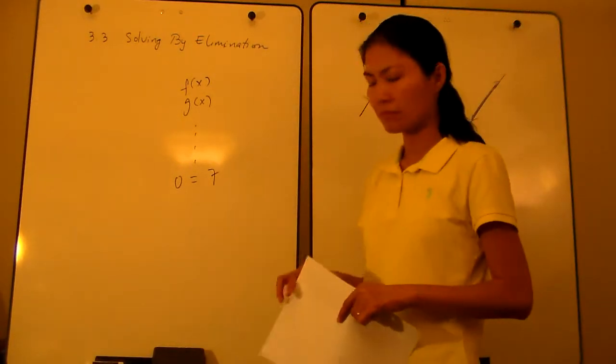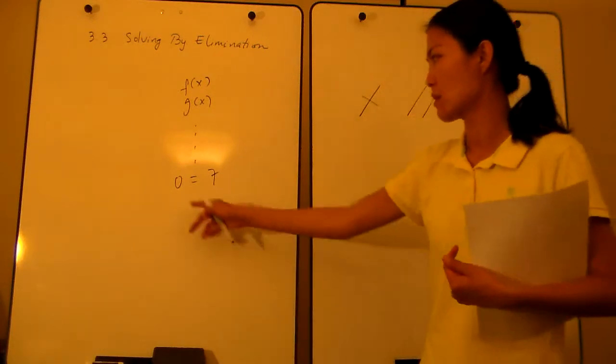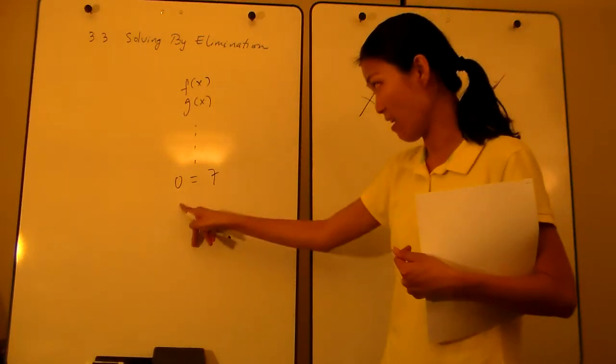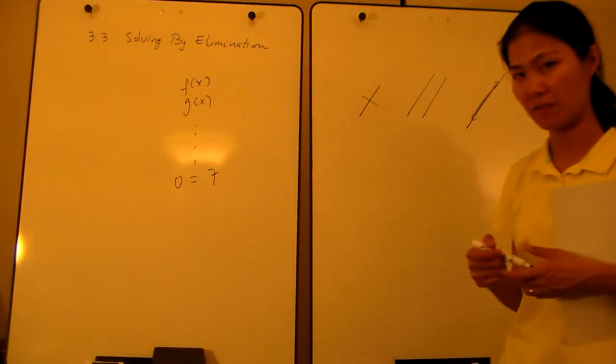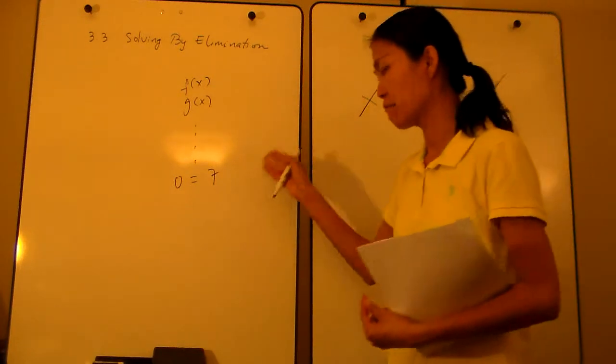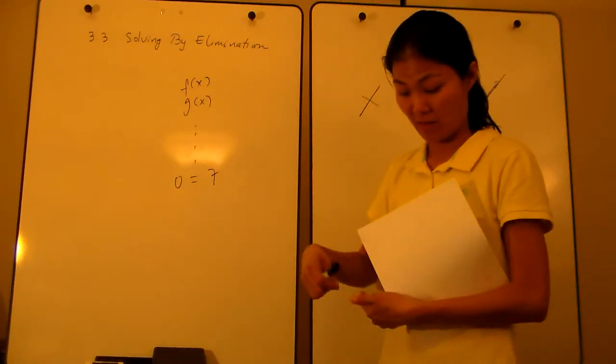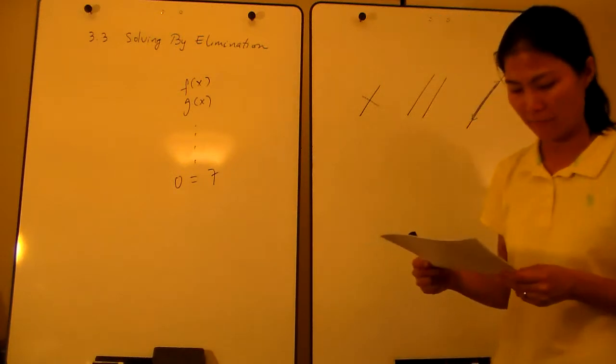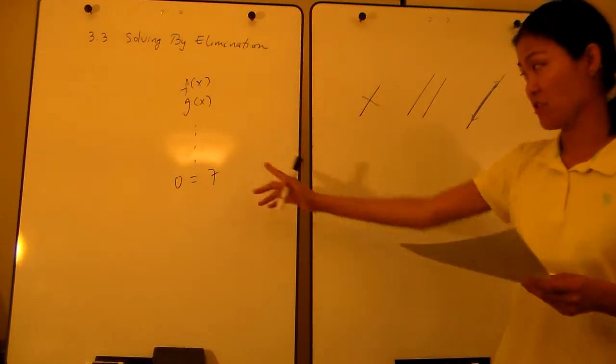The remaining equation is a constant equal to a constant, but this time 0 cannot equal 7. It's impossible, so we say false. That means the system has no solution.